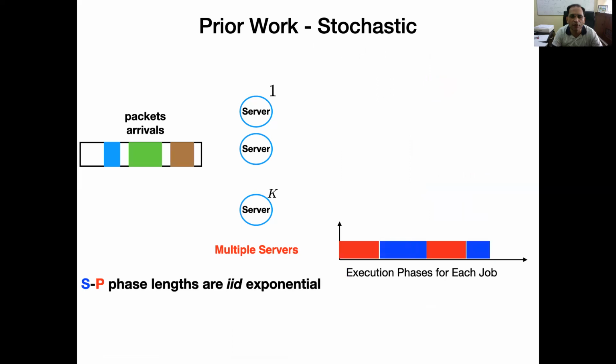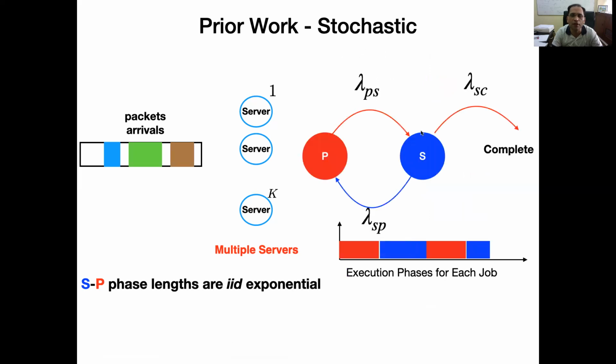In last year's Performance, the following model was considered for this problem: each job transitions between a parallel phase and a serial phase via a Markov chain. It spends an independent amount of time, which is exponentially distributed with these parameters, and eventually from a serial phase, it goes to completion.